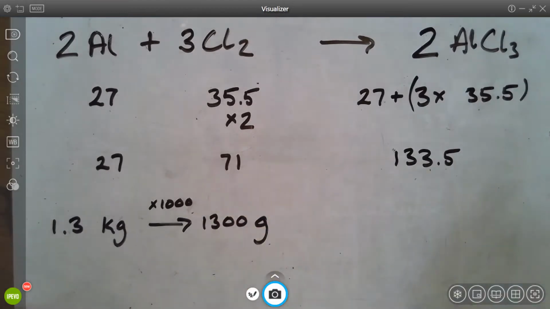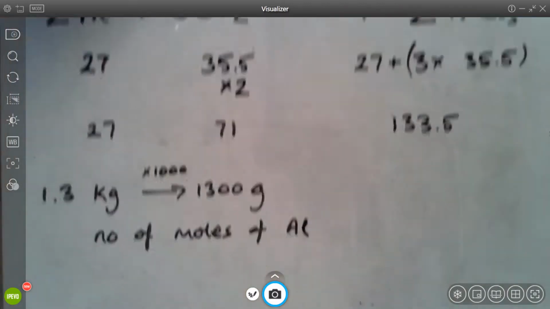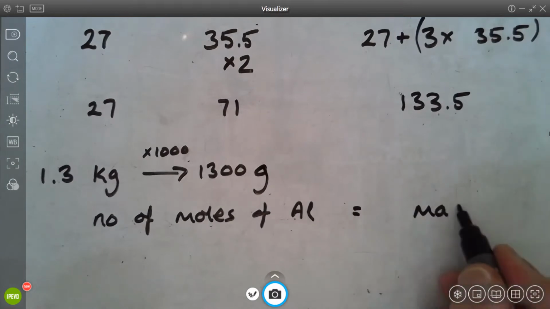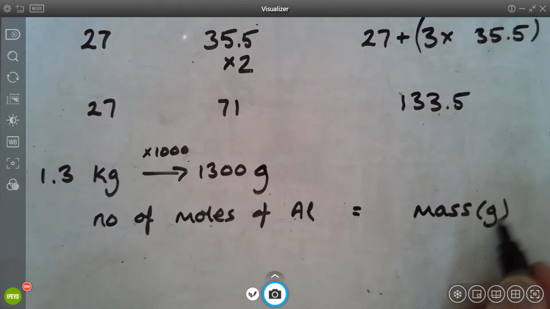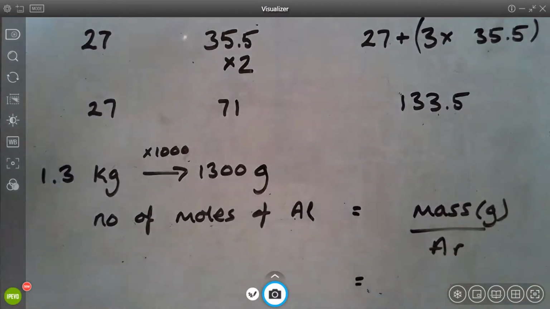We need now to work out the number of moles. The number of moles of aluminium. The equation is the mass in grams divided by the Ar or the Mr. In this case, it's the Ar. Now we've converted to grams, so all this will work.